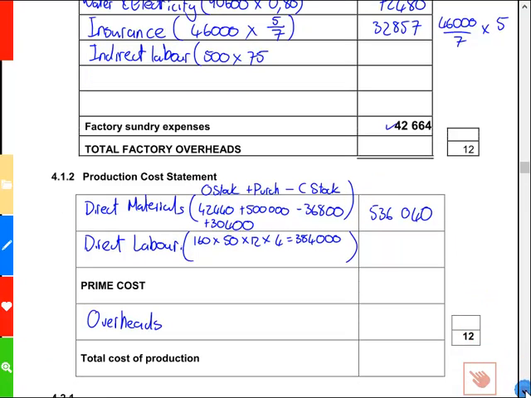What was my normal time wage? We already calculated that here: 384,000. 8% of that is going to be your pension fund contributions. Happy with that? And this is all part of my indirect labor calculation.